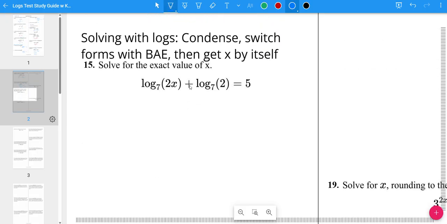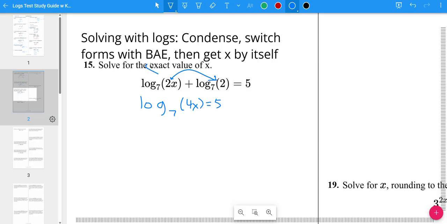So there's nothing in the front to move, so I just go straight. Well, this is addition, so addition becomes multiplication. So I'm going to multiply these two guys together. 2x times 2 is just going to give me log base 7 of 4x equals 5.